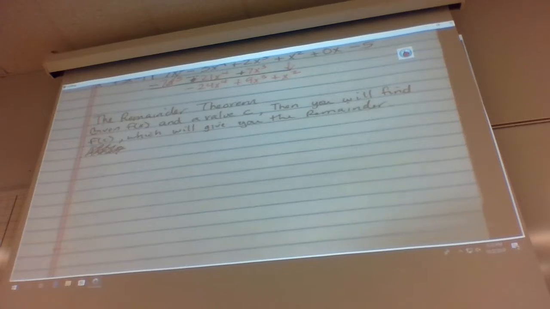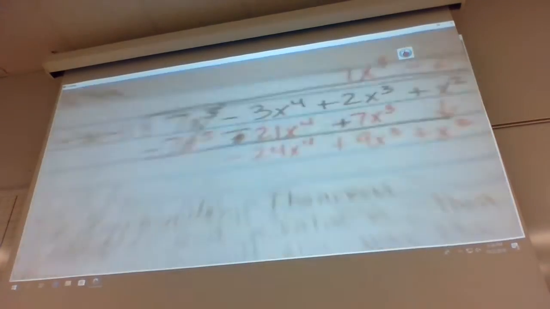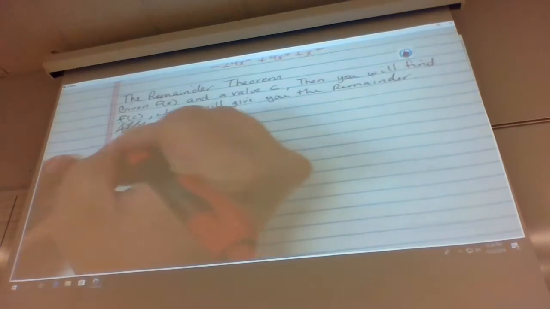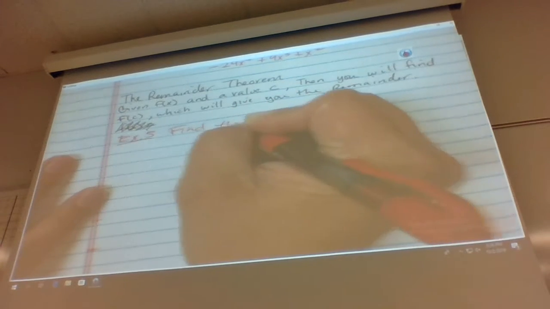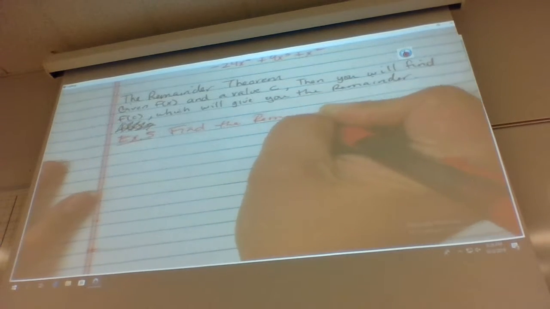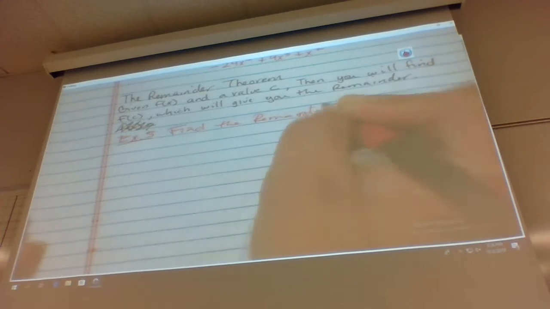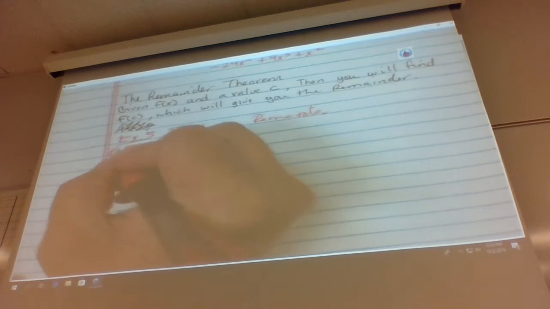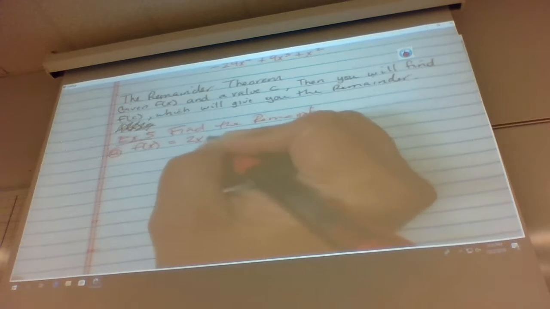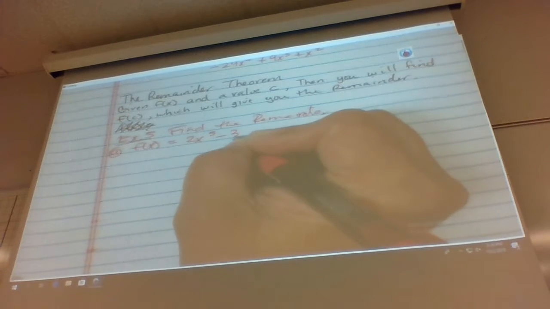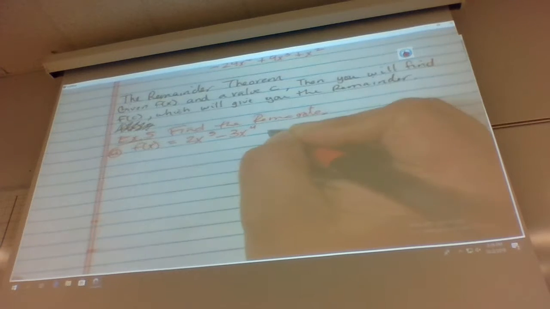Find the remainder. F of x equals 2x to the 5th minus 3x to the 4th plus x to the 3rd minus 2x squared plus x minus 8.